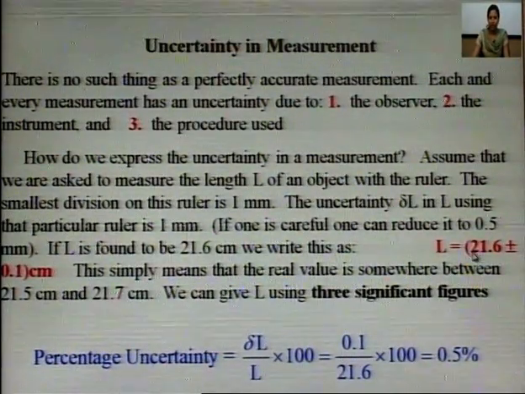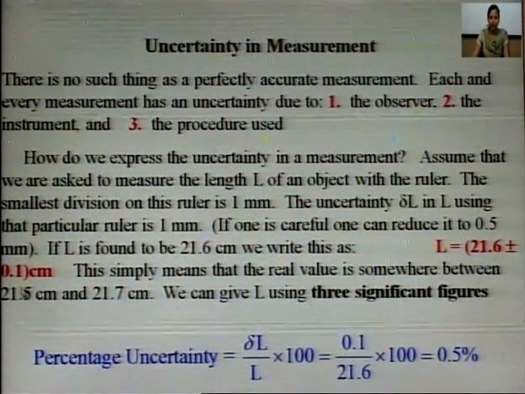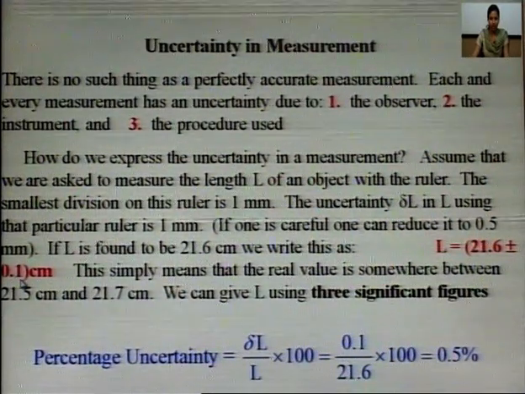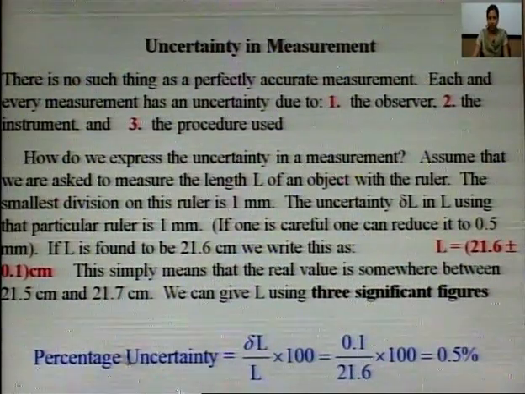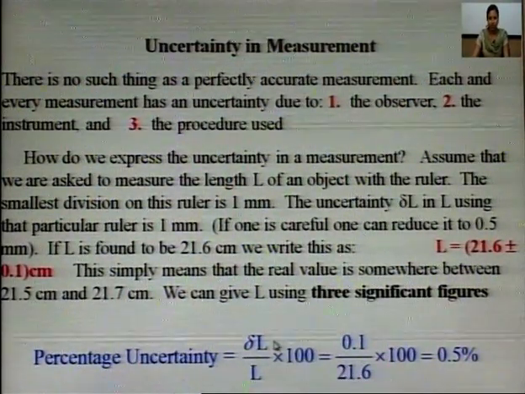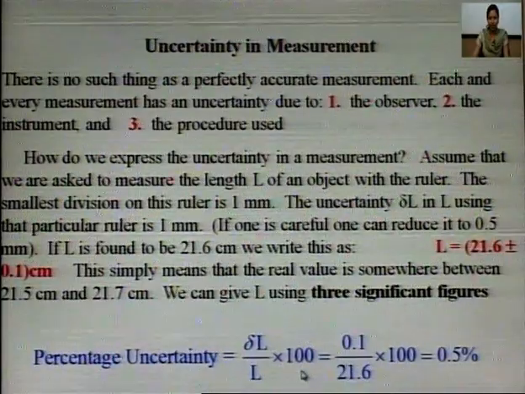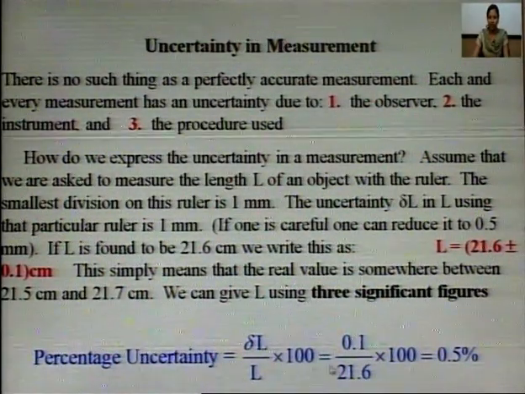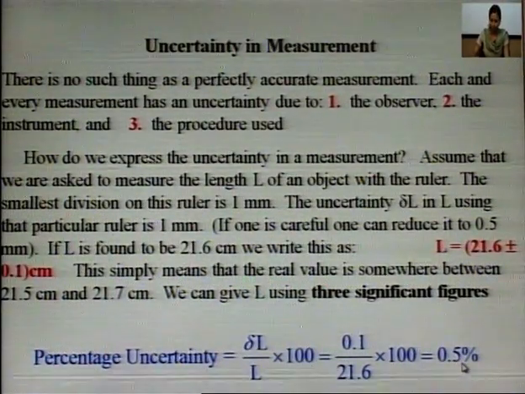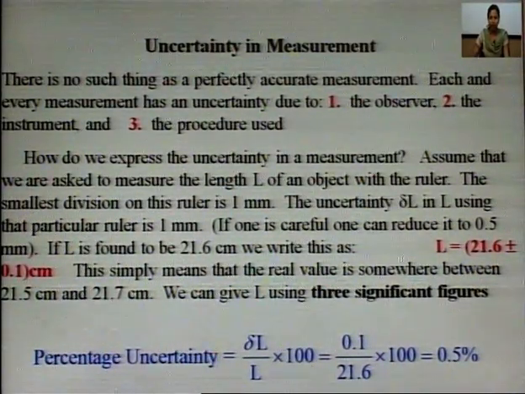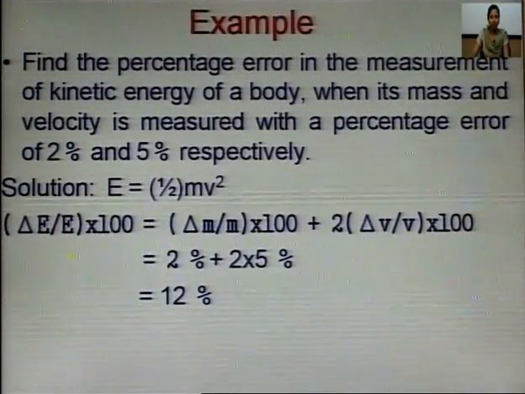Length L is given as 21.6 and its error is 0.1 centimeter. So, the percentage uncertainty or percentage error is equal to delta L divided by L into 100. Delta L is 0.1, L is 21.6, into 100, it comes out to be 0.5%.